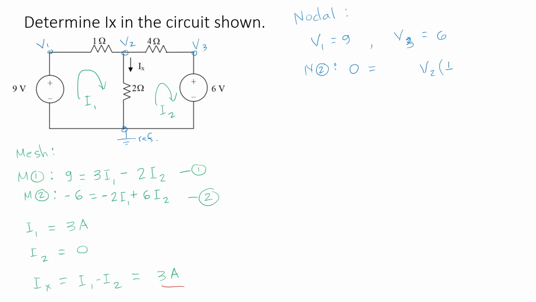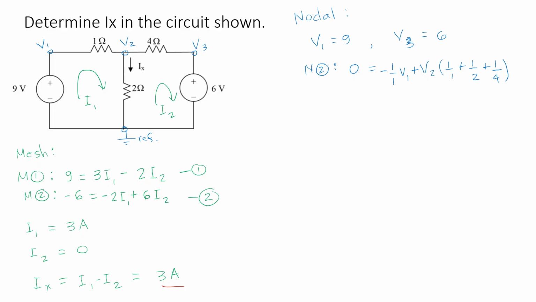And those conductances are 1 over 1, 1 over 2, and 1 over 4. And you inspect, you can see that there is a common conductance between nodes 2 and 1. So we subtract the product of the common conductance, which is 1 over 1, multiplied by node voltage V1.